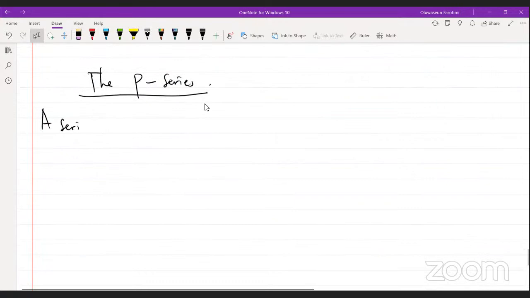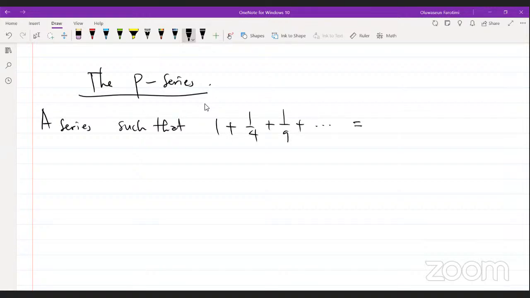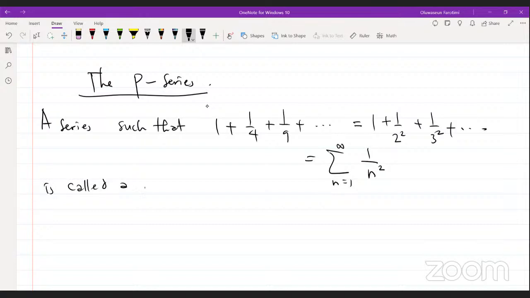So a series such that we got 1 plus 1 over 4, 1 over 9 plus continues on and on, which I can still rewrite as 1 plus 1 over 2 squared, 1 over 3 squared, continue on and on, infinite. A series such that this is true is called a P series.